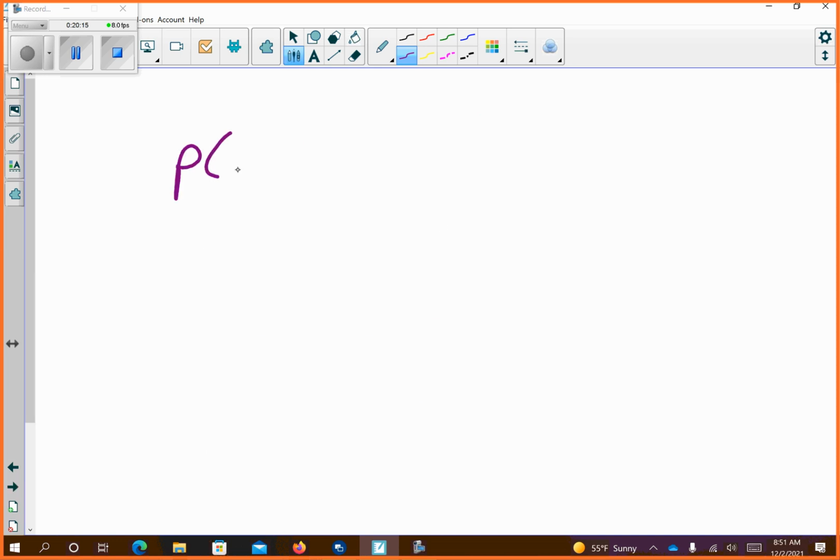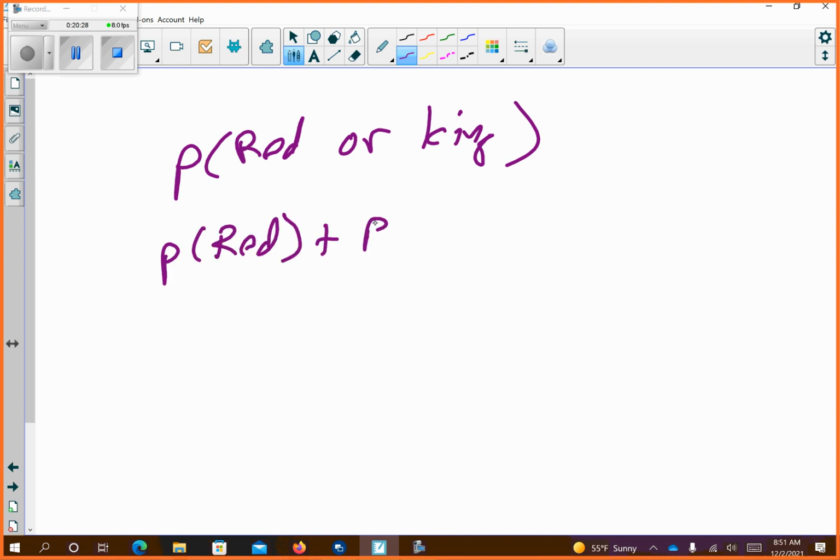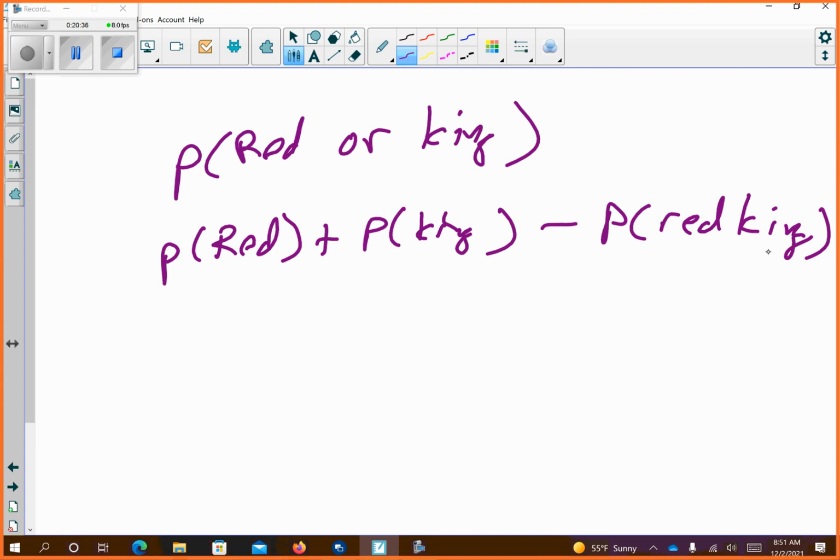Probability I get a red card or a king. Okay, so this is going to be the probability of red plus the probability of king minus the probability of red king. Because if you don't include the subtraction of this here, you're counting a card twice.